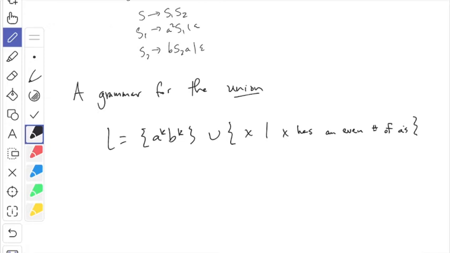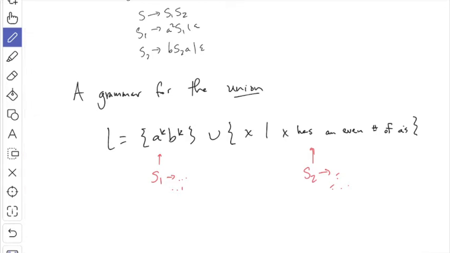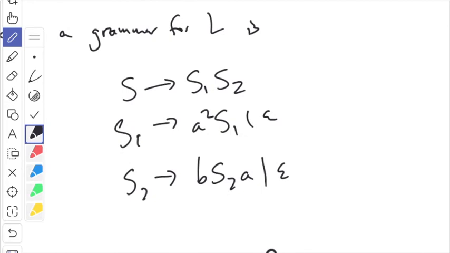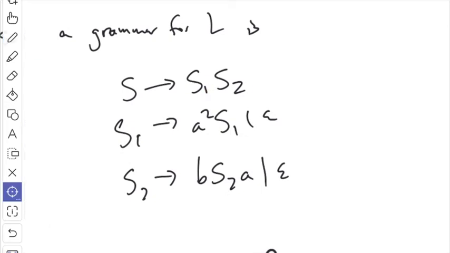The union, right? Remember the union, of course, for sets means it's in the first one or it's in the second one. So we are going to have a similar strategy. I make an S1 for this one, goes to something, something, something. We'll talk about that. And then this one I'll call S2. Make a grammar for that one, all right? Anybody want to suggest how we could combine things together to get a grammar for the union? Now for the concatenation, remember, we wrote S goes to S1 followed immediately by S2.